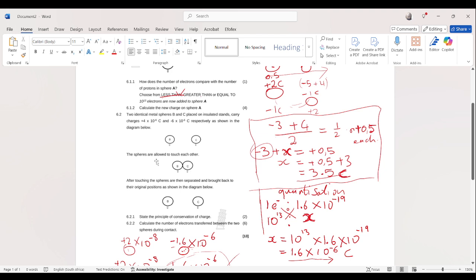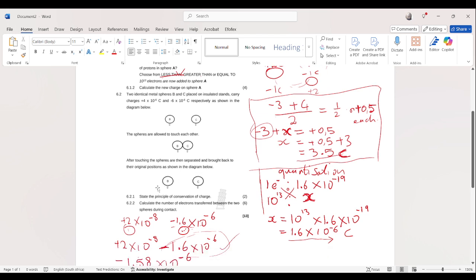After touching, we know what will happen. Electrons will start to flow, and eventually the two objects will have the same charge. They said after touching, the spheres are then separated and brought back to the original positions, as shown in the diagram below. State the principle of conservation of charge.